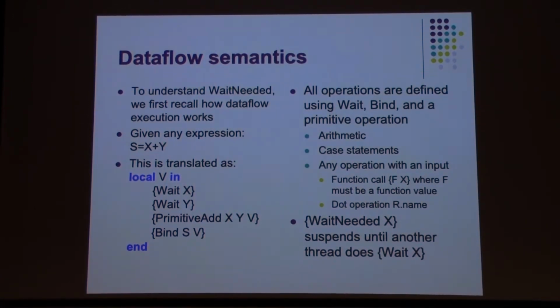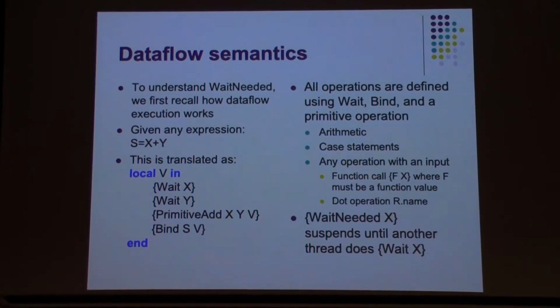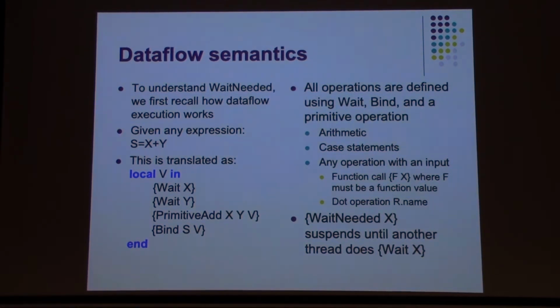I will show you some really neat code today, doing really neat stuff, and it looks like magic, but all the magic is here. There's no other magic. Okay? The new spell I'm teaching you is just wait needed. That's the only new thing we need to do everything I show you today.